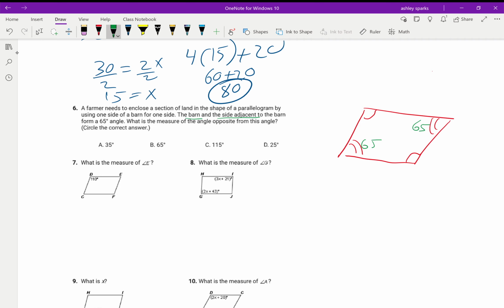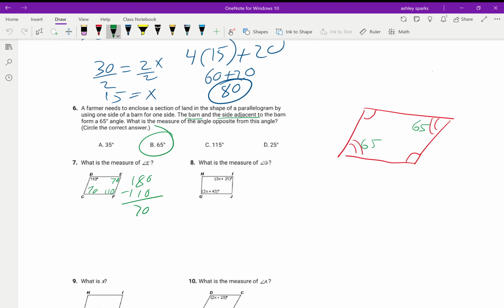Oh, we already did that. Opposite angles are congruent, 65. So let's fill this in. It says, what is E? Well, I see 110. Opposite angles are congruent. To get to E, I've got to do 180 minus that 110, which would leave me with 70. So 70 is going to fill in both of those spaces.